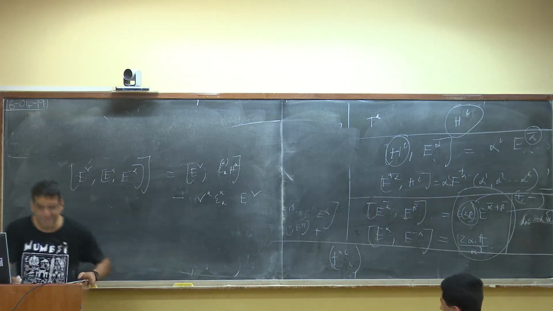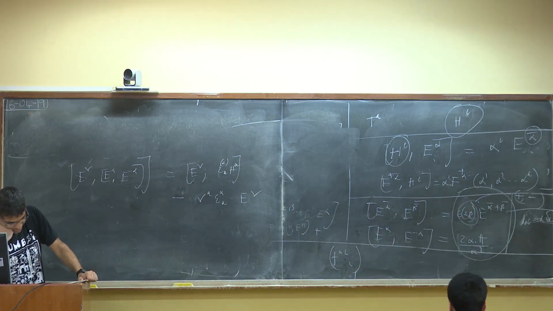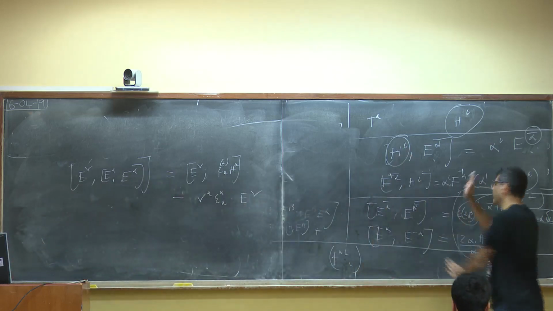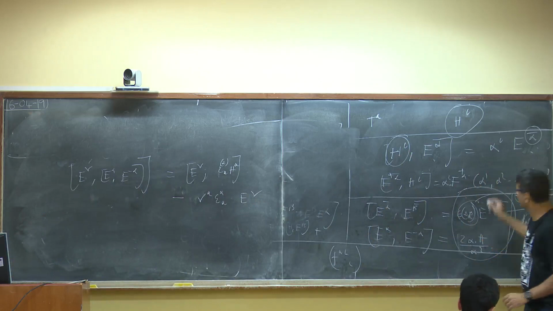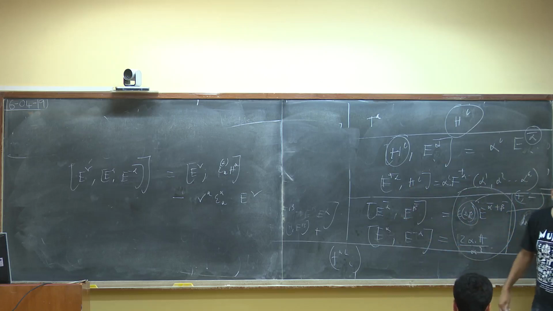The claim is that the Jacobi identities completely fix this. If you take all the Jacobi identities together, this form is completely fixed, where this epsilon has to be plus or minus 1.